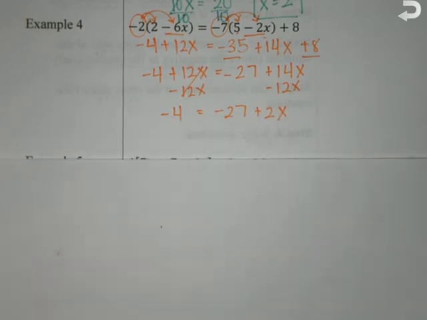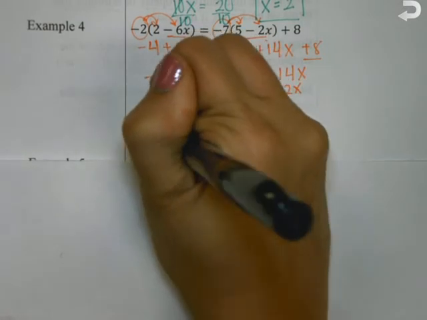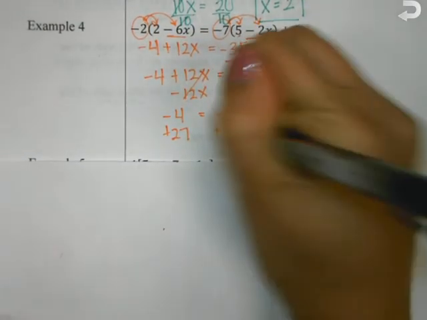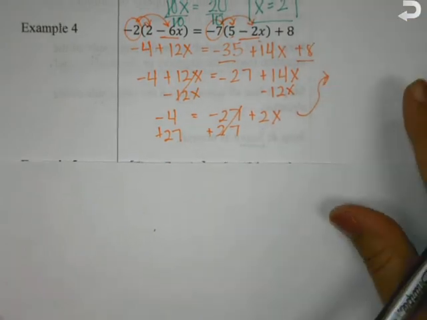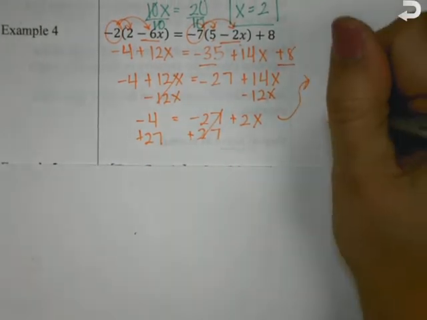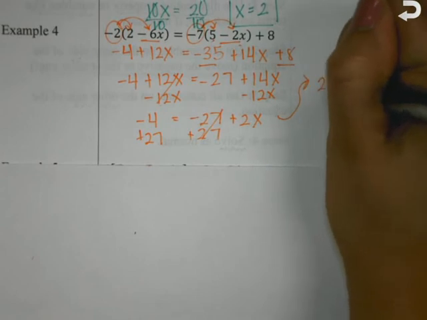Good, add 27. Okay, so that's going to give me, let me move over here a little. -4 plus 27, positive 23 equals 2x. And then what do I do to solve for x? Who's in 27? Carla.